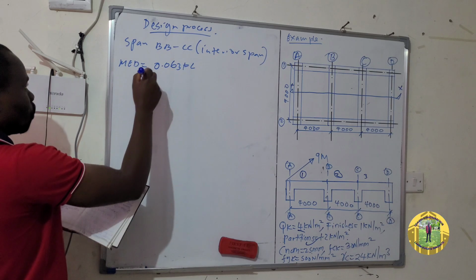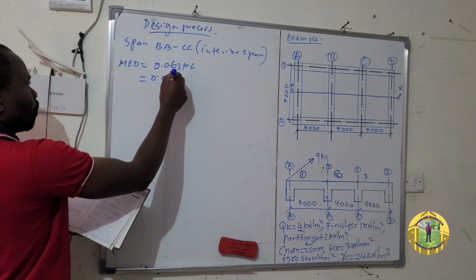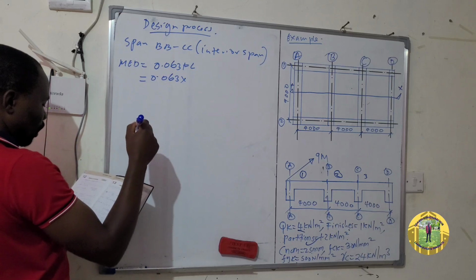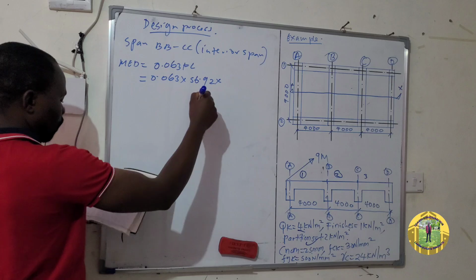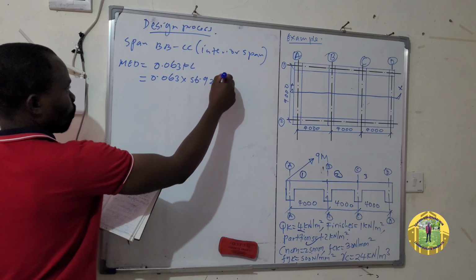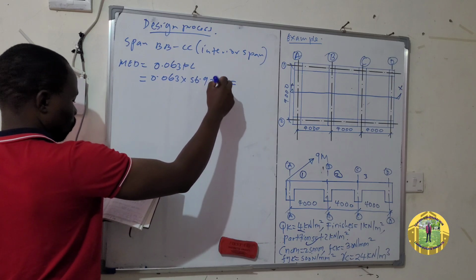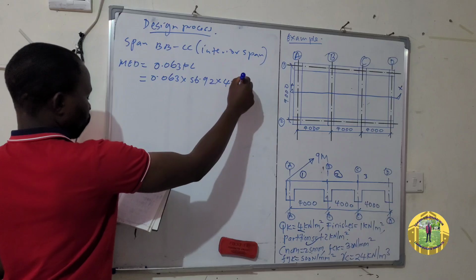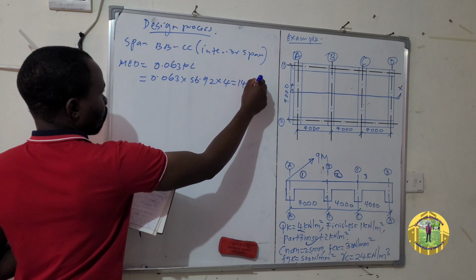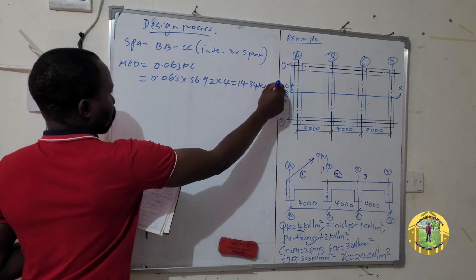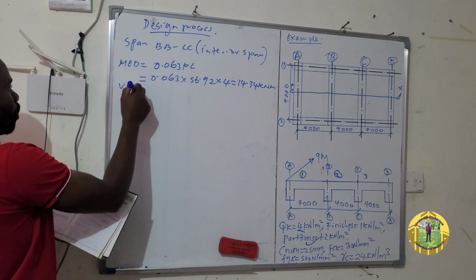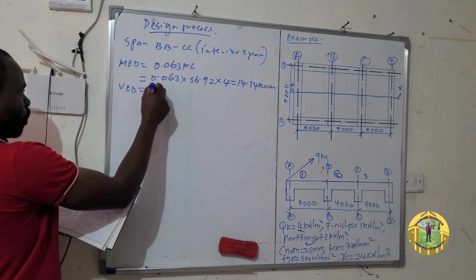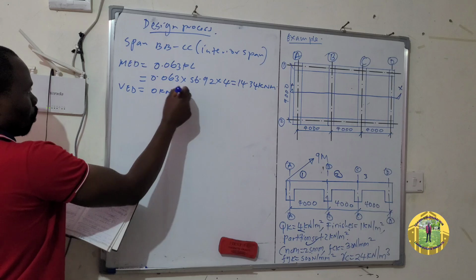So this is 0.063 times F, which is 56.92, times L, where L is 4. So this is equal to 14.34 kilonewton meter. Then VED is equal to 0 kilonewton.